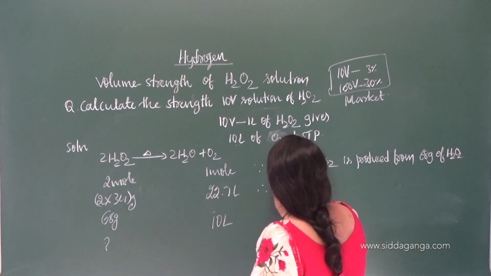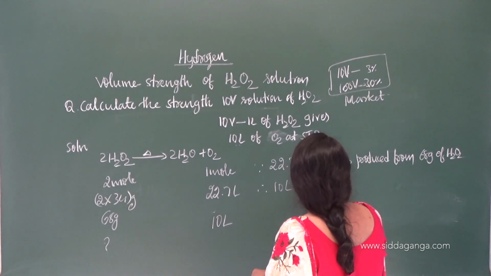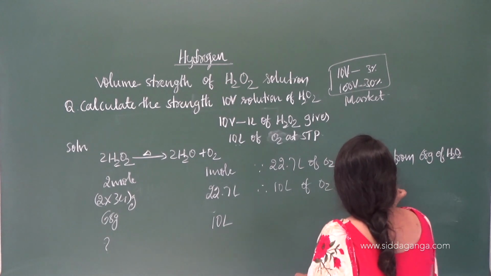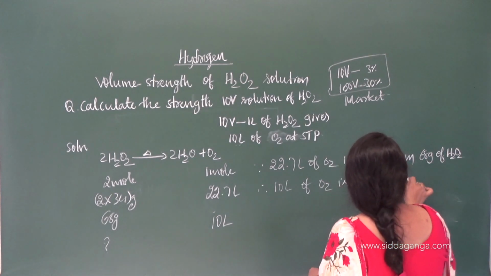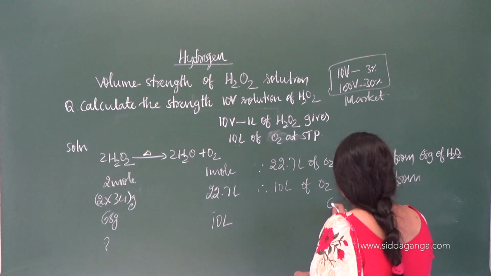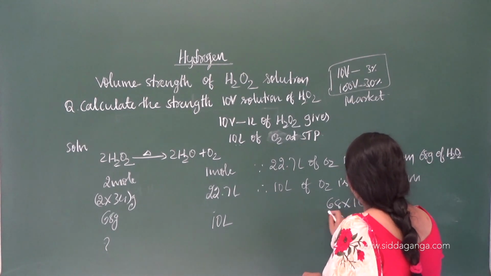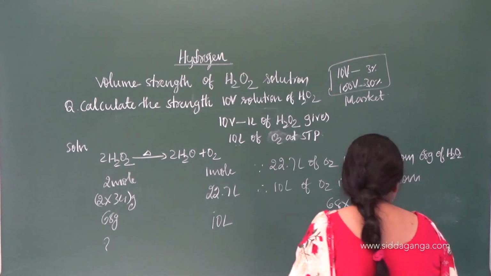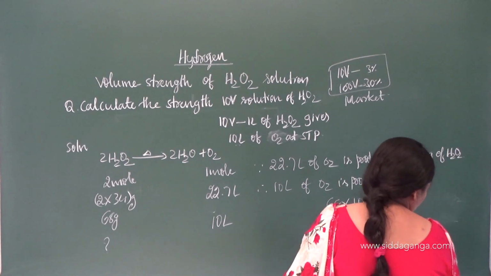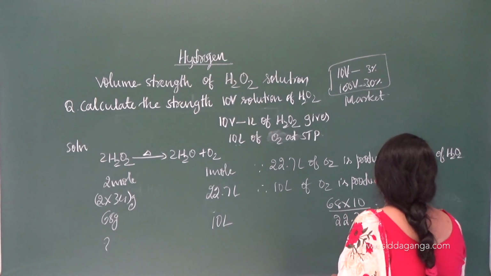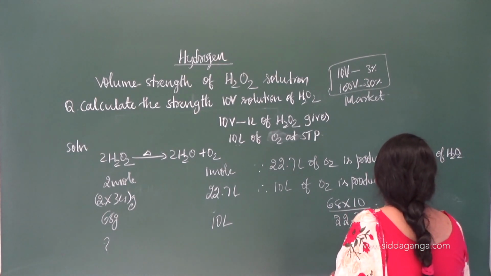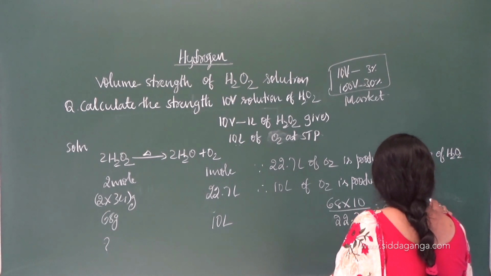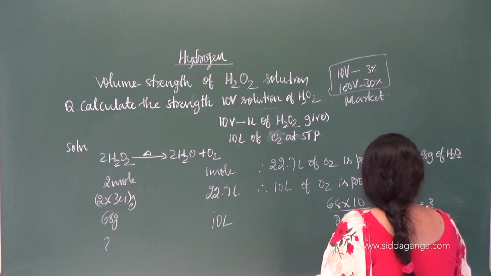therefore 10 liters of O2 is produced from 68 into 10 divided by 22.7. If you do the calculation, you get 29.9 grams, which we can write approximately as 30 grams.